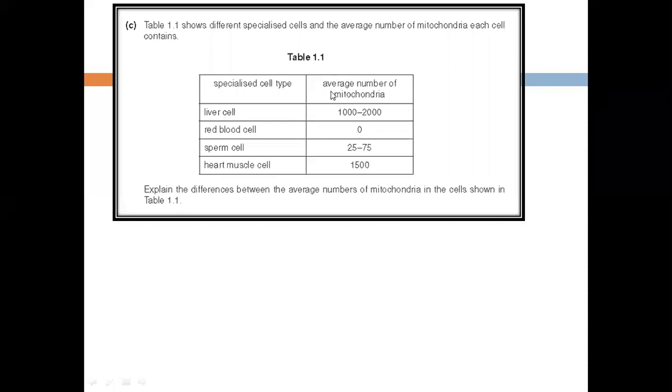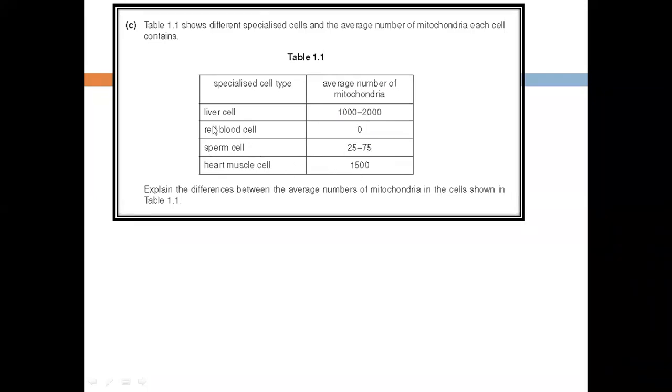Mitochondria is the powerhouse of the cell. It means the energy, that is ATP, is produced in mitochondria. In the liver cell the number of mitochondria is high, while the red blood cell has none, and the sperm cell has some, but relatively fewer than others.